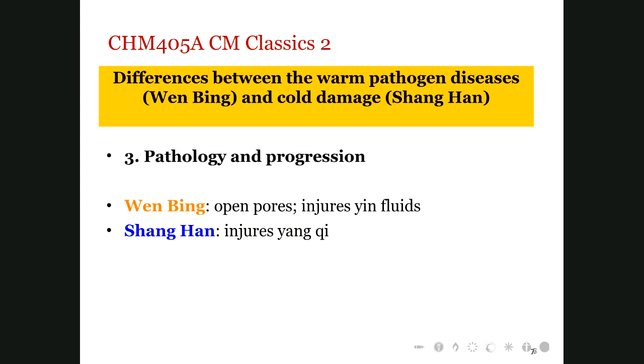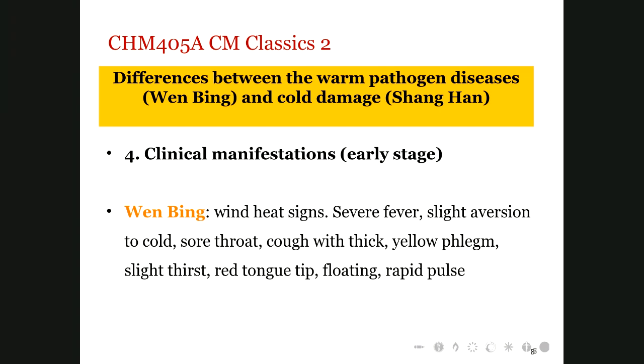In the surface, it already constrains qi and blood circulation, causing poor circulation of defensive yang qi. When it penetrates internally, it causes damage and clashes with the internal functions of organs. So all of that is explained or predicted through clinical manifestations.